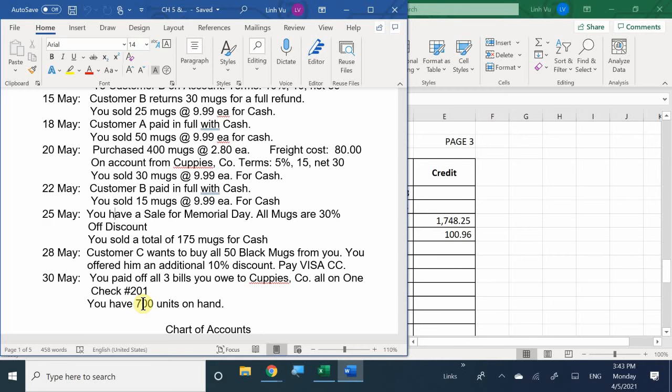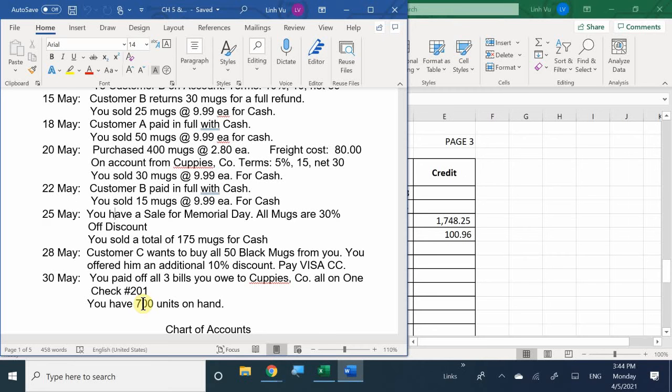Okay. So how are we going to do this one? They decided to just buy all the black mugs, and because of that, we decided to give them an additional 10% discount.